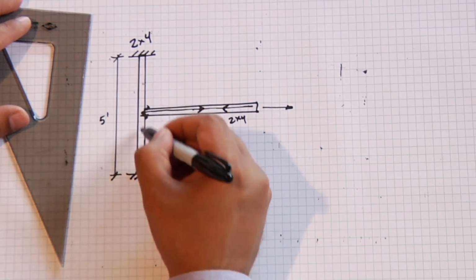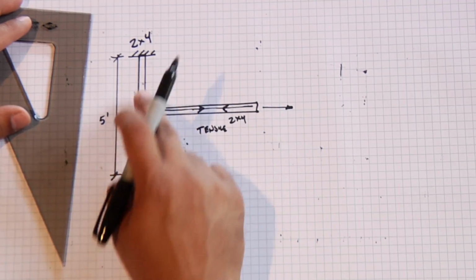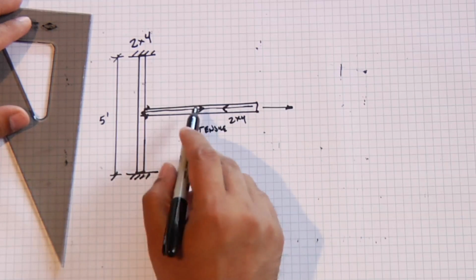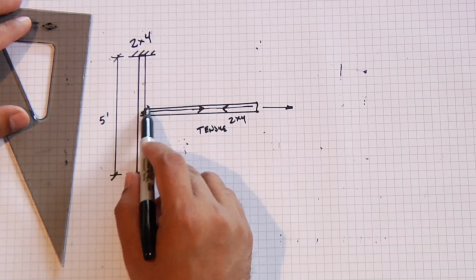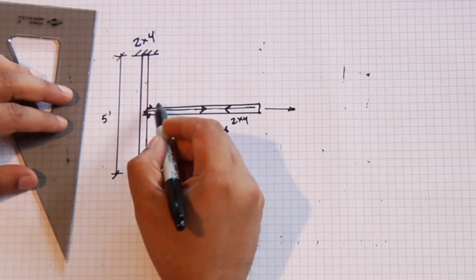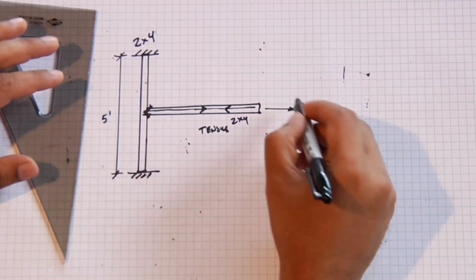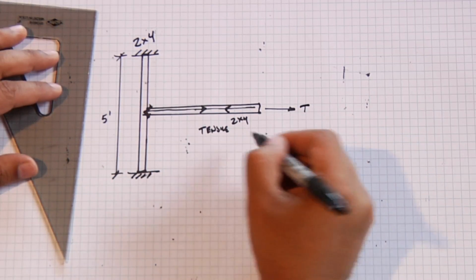It is causing a bending moment in this 2x4, but if this is reasonably secure, it's going to be very, very hard to pull this 2x4 out of that connection, because you have these two nailed connections and you have this wood member coming into that other 2x4. If you try to pull it out, very difficult, because in order to pull this out, these nails have to pull out of the wood. So this is called a tensile load.